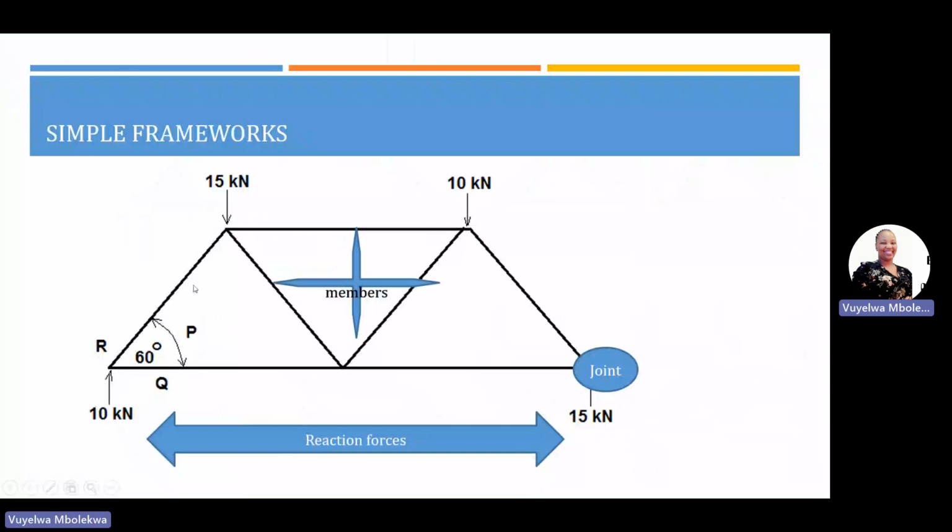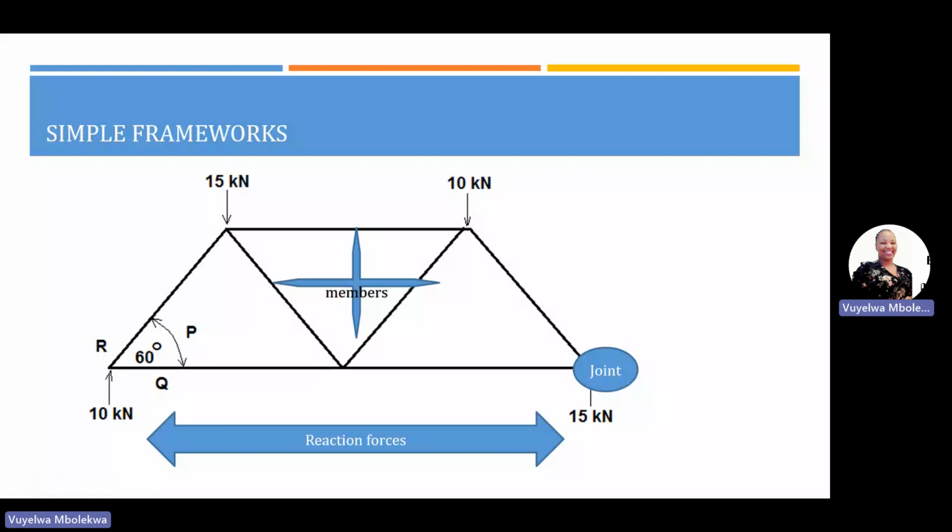Okay. So they want you to calculate the members. In this one, because the labels are here, the question was asking to calculate this member as well as that member. In N1, we did a topic, triangle of forces, where we used the method of Bow's notation to sketch a space diagram as well as a vector diagram.